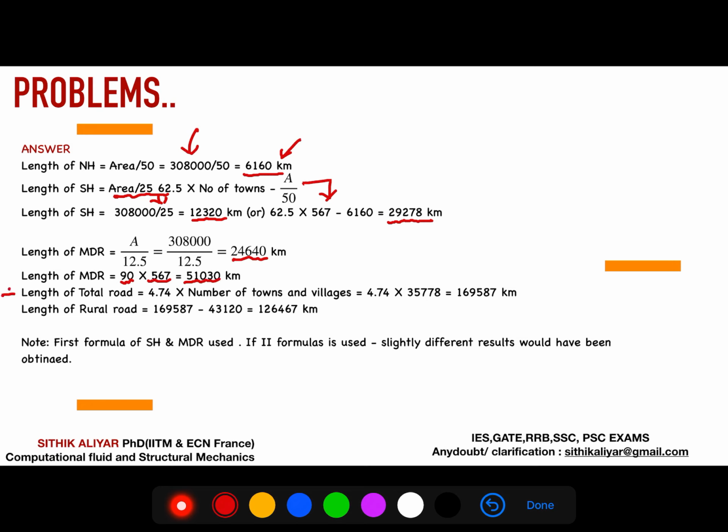And for the length of the total roads, you can see these are the steps I followed. For the total length of road, I have given a formula, 4.74 into number of towns and villages. So 4.74 into 35,000 was given in the question. The total length of the road should be approximately 1 lakh kilometer, 1,69,587 kilometer.